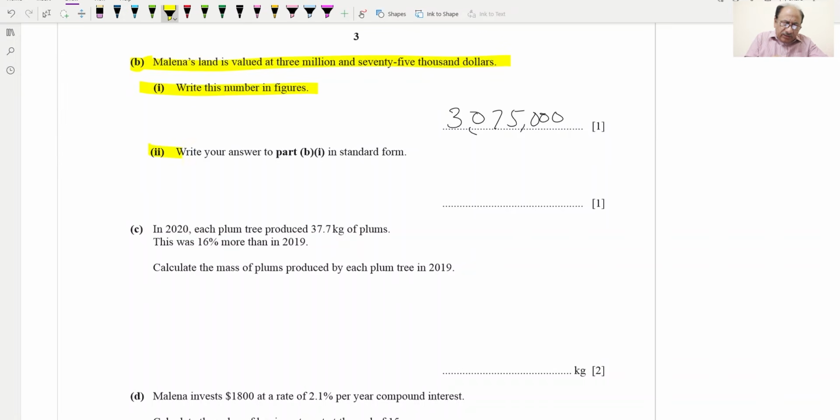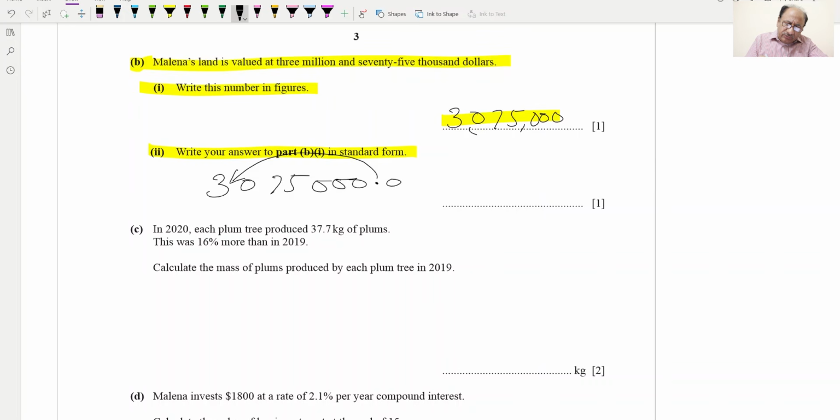Now for the second part, they're saying write your answer to part B1, which is this one, in standard form. So standard form, we can write the same number here. Now decimal, we can write 0.0, and we will have to shift this decimal after the first non-zero number.